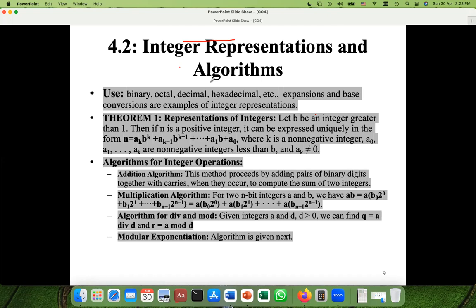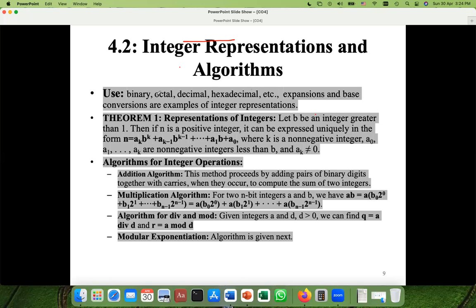So 2 raised to the power 0, 2 to the power 1, 2 to the power 2, 2 to the power 3. This is for binary. For binary, you have 2 digits. For octal, you have 8 digits. So 8 raised to some power. And similarly for decimal, hexadecimal, etc.